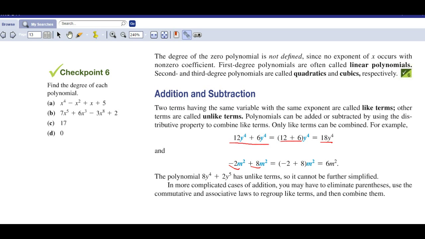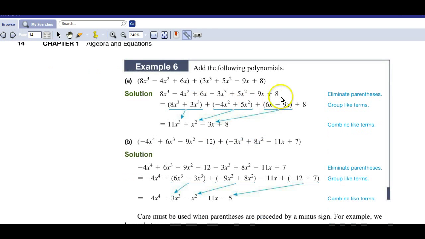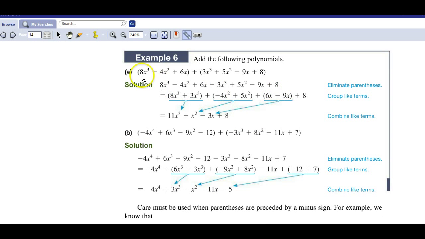Now again, if I were a student, I would look for a way to do these with some success. They're giving you some examples, and they do get a little complicated. My suggestion, and again, they're doing this horizontally.